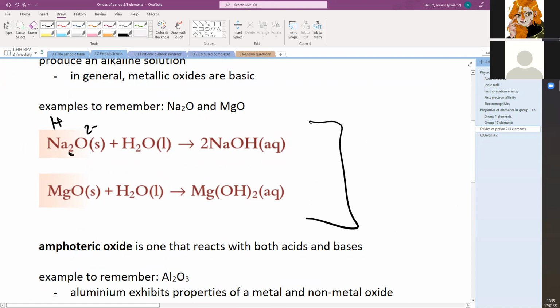So that's why there's a 2 there. But since magnesium has a 2+ charge, oxygen has a 2- charge, there's no subscript. And the products are slightly different, but you can see both of them form OH, and hence they both form basic solutions, which is why we call these metals alkaline metals. So this is an alkali metal, that's an alkaline earth metal.